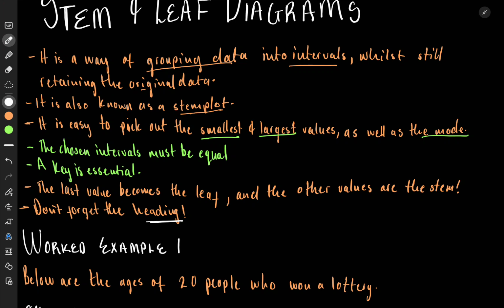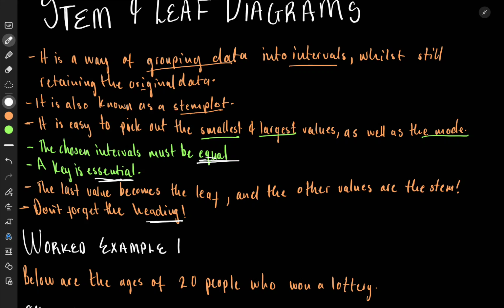Make sure that 1, your intervals make sense, and 2, the intervals chosen must be equal. You can't have one interval having 4, the other one having 5, the other one having 9. It doesn't make sense. And another thing you must never, ever forget is a key. You need to tell us how to interpret your stem and leaf diagram. Never forget that.